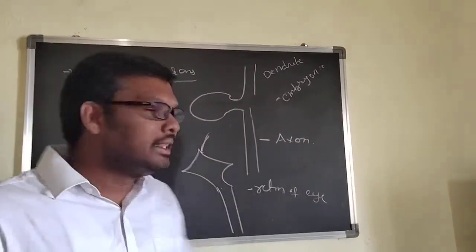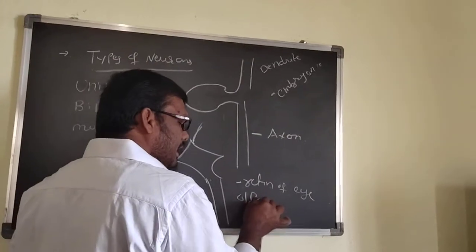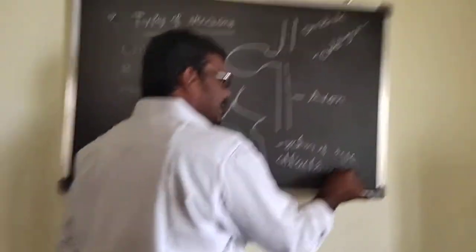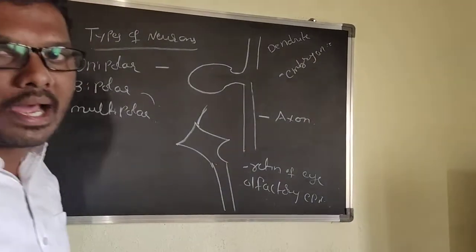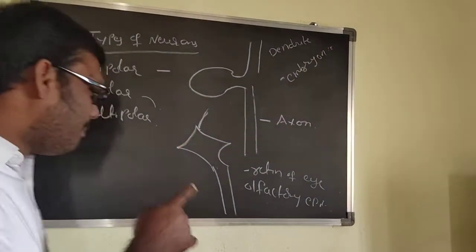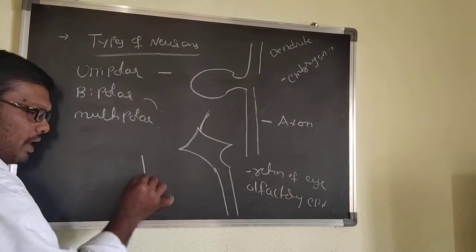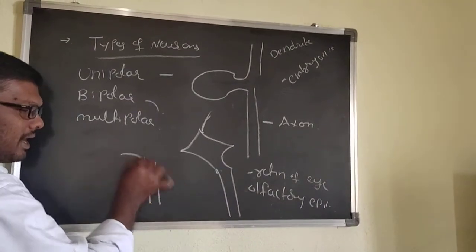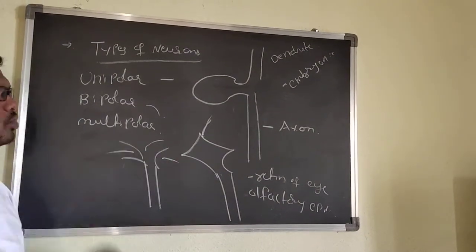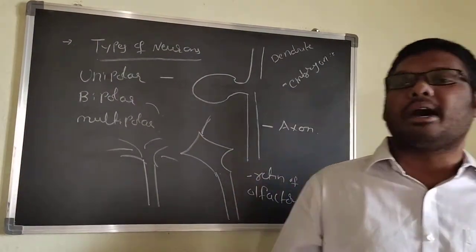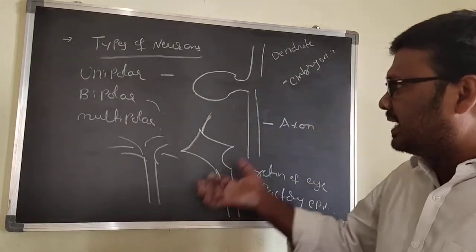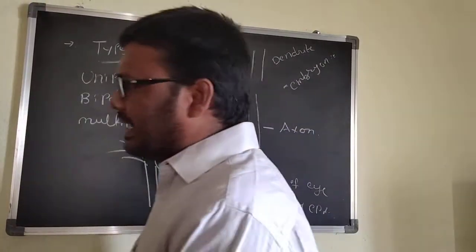In the olfactory epithelium, what type of neurons is present? Bipolar neurons are present. And then multipolar neurons. A multipolar neuron has one axon and so many dendrites, meaning two or more dendrites. That type of neuron is called a multipolar neuron.